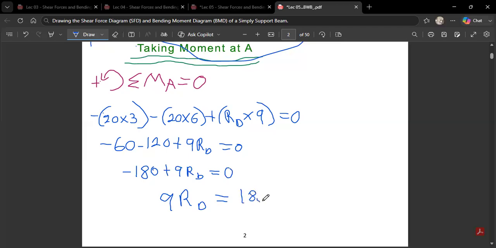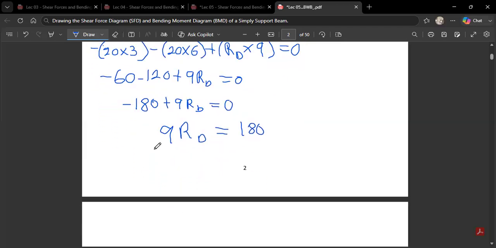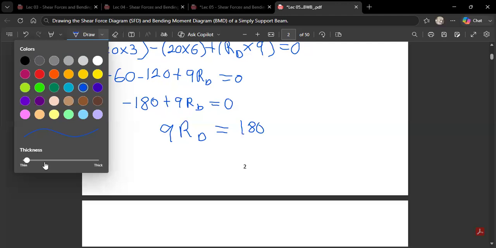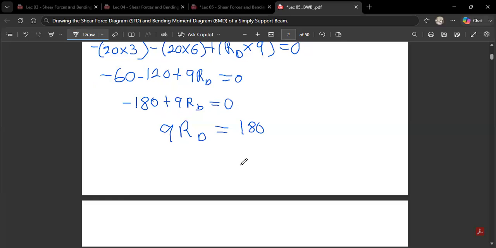So if you divide both sides by 9, you are going to get your reaction D to be 20. Okay. So let's all do that together.